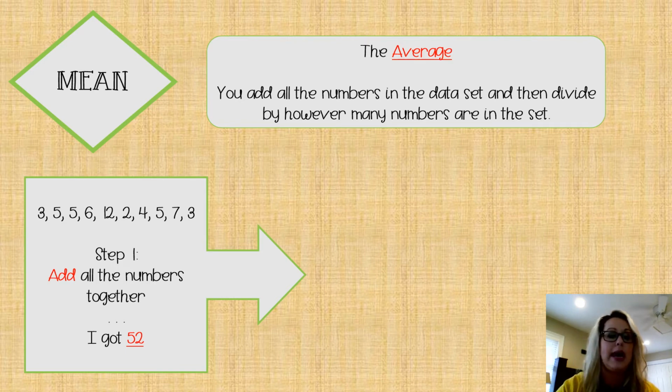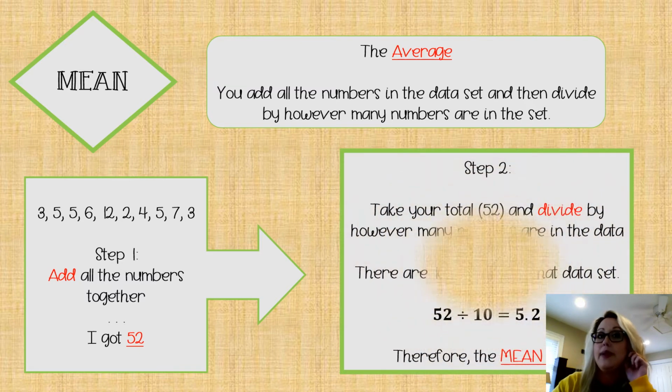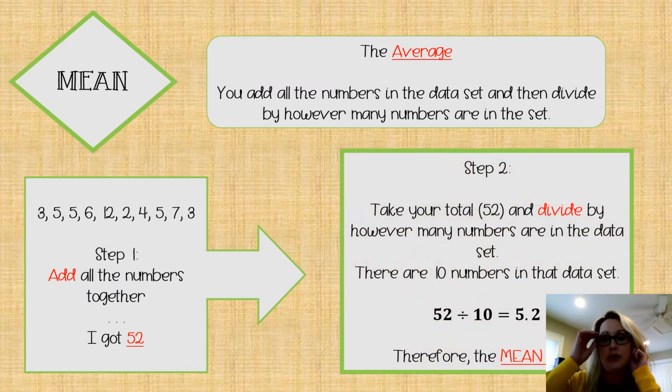I added all these numbers together, and I got 52. Then the second step, and this is how I found your class average too, is to take that total, 52, and divide it by however many numbers are in the data set.